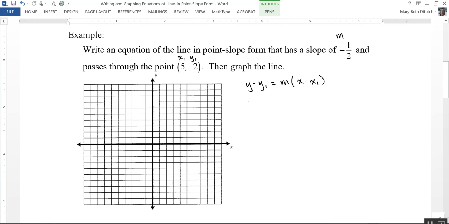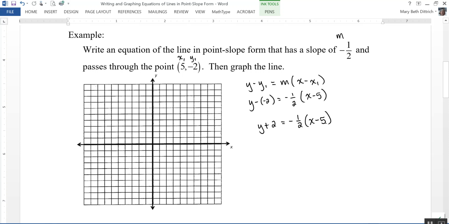So I'll have y minus a -2 equals -1/2 times x minus 5. Y minus a -2 is the same as y plus 2 equals -1/2 times x minus 5.